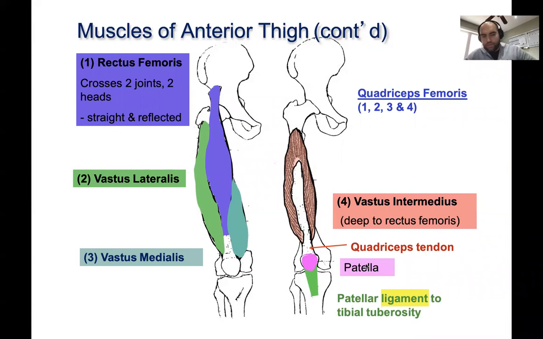I'm going to talk about the femur bone in a little bit more detail next lecture. I'm going to add a few slides about that. What I also want to do is talk about the difference between ligaments and tendons. I never got a chance to really touch upon that, so I think that would be something interesting to talk about because there are inherent differences between tendons and ligaments.